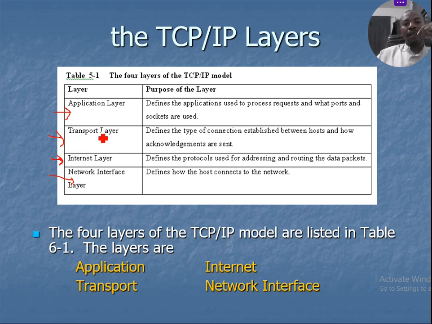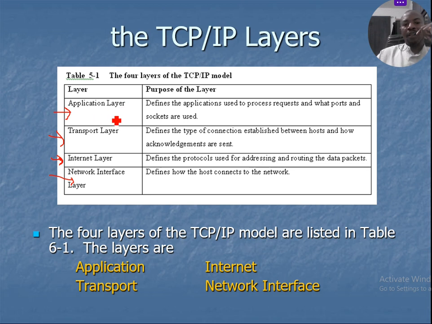Then we have the last one, the application layer. In the OSI model, this includes the session layer, which is number 5, the presentation layer, number 6, and the application layer, number 7.